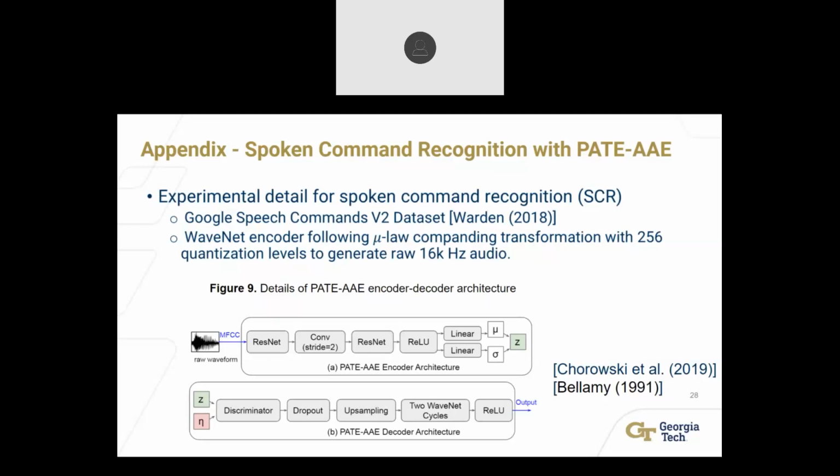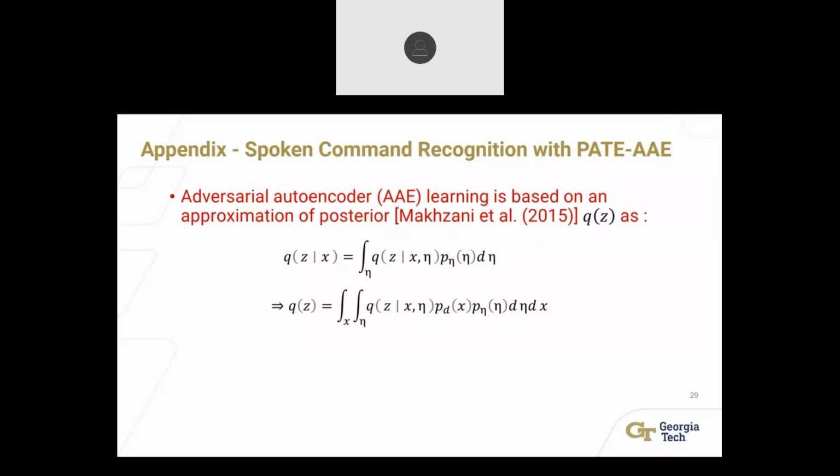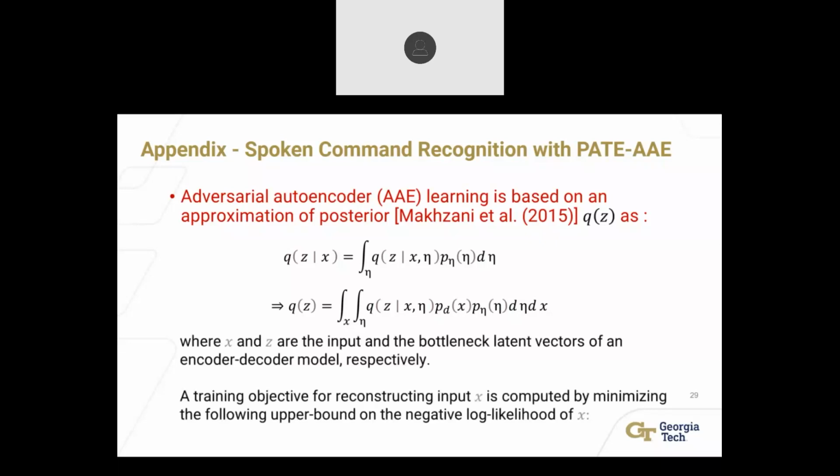I will not go into the detail, but feel free to ping me if you have further questions. And here is the adversarial autoencoder training process. That means we use a random vector simply sampled from the Gaussian to generate our speech eventually. All right, so there are some advantages compared with GAN, but let's skip it.